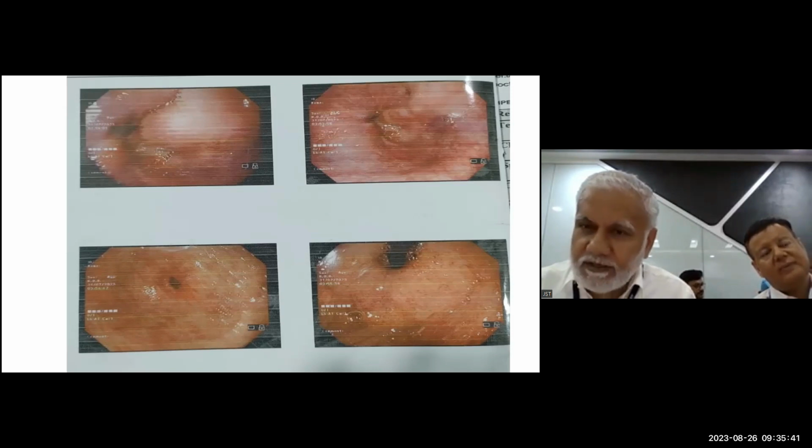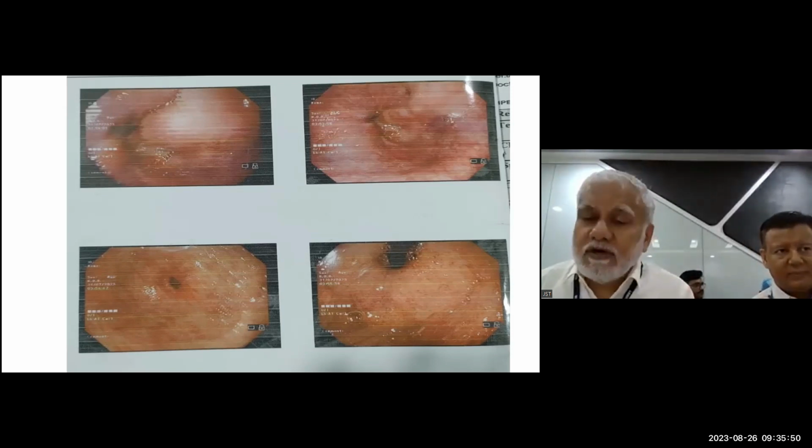So extent of esophageal resection and extent of gastric resection has to come in the nomenclature itself, number one. Number two, then you have to describe what approach. Number three, you have to describe where will your anastomosis be and what will be the conduit.